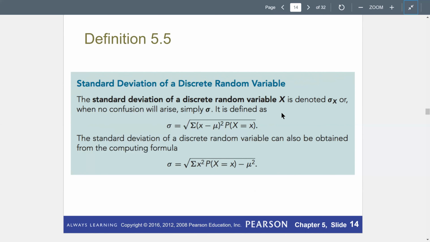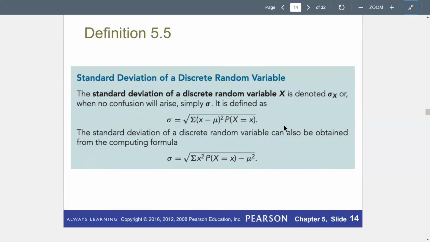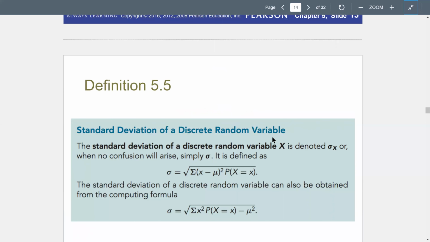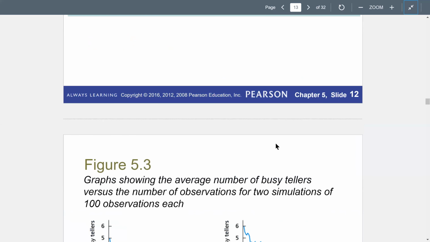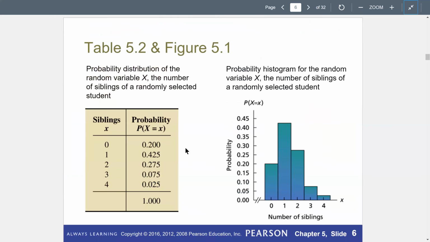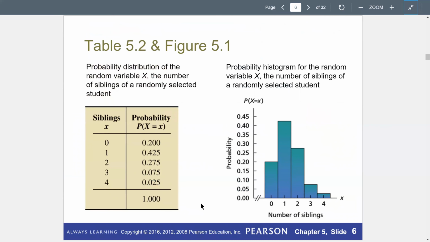All right, so what you can do is, if you go back to the previous one, after you calculate the mean, mu, you create a fourth column in Excel, x squared: 0, 1, 4, 9, 16.